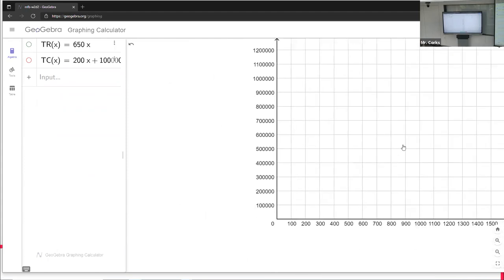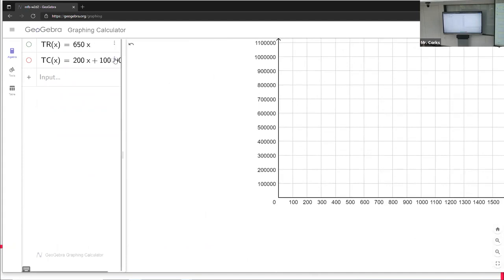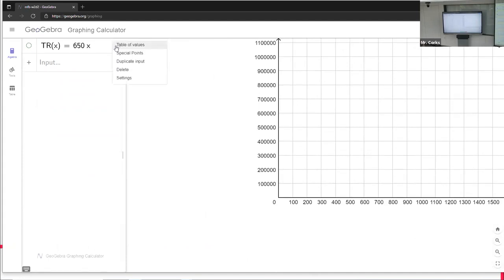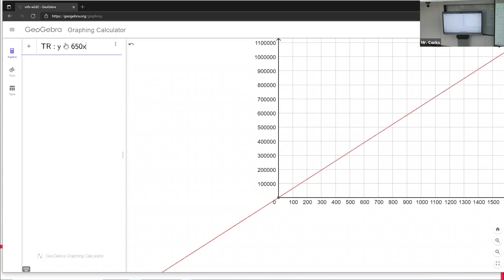Quite small numbers. So we'll write total revenue first. Total revenue. This website doesn't handle Q's or P's, so we just have to write it with the Y and X. So Y equals 650Q, which we'll write as X. There's our line.